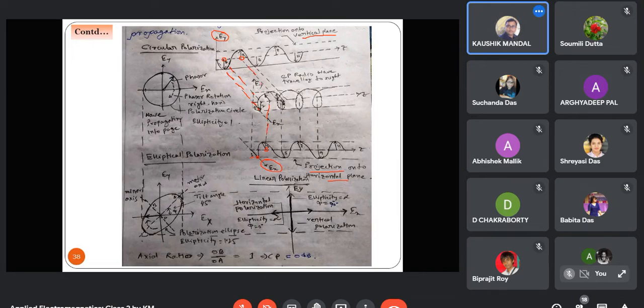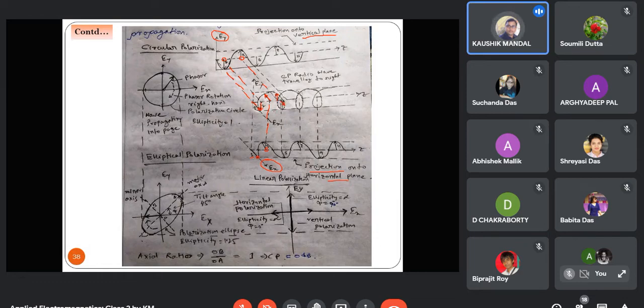In that way, if you draw the projection of this x component and y component, you will find this is one vector tip at this particular time. This is another vector tip with respect to time. This is another one, and another one.